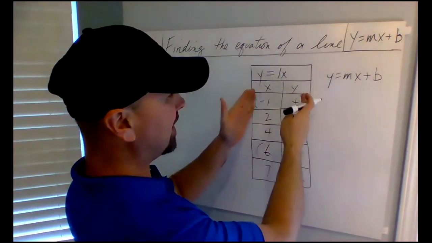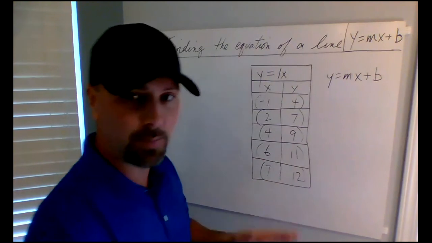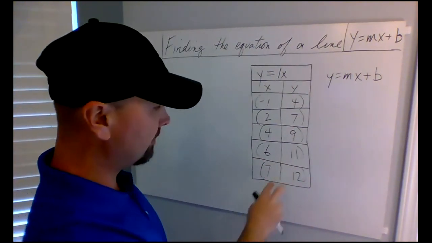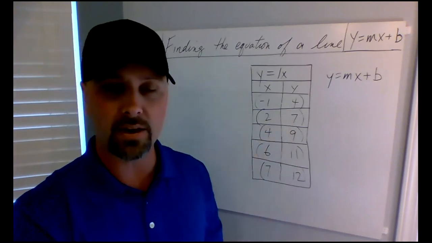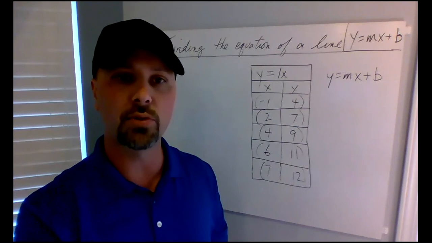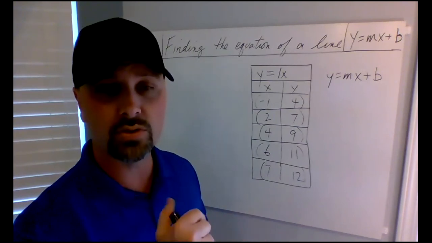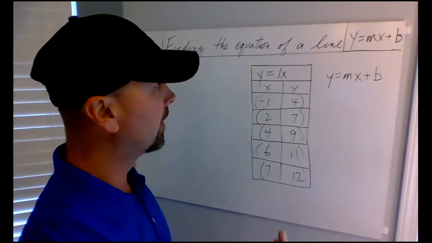So I can use any of these coordinates. I just need to pick an x and a y that go together on this line, okay? So 7, 12, 6, 11, 4, 9, 2, 7, doesn't matter. You're gonna get the same thing for b if you do it correctly. And I'll actually solve this twice using different coordinates just to see you're gonna get the same b, okay?